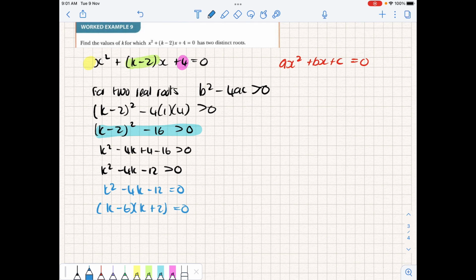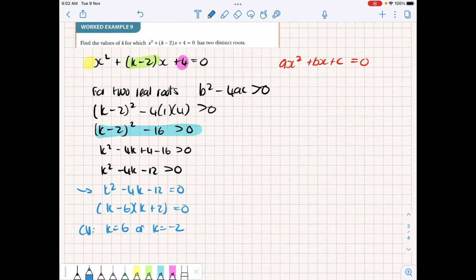So our critical values, remember, these are not solutions. These are the critical values, the points where this new k quadratic intersects the axis. This will be at k equal to 6 or k equal to negative 2.